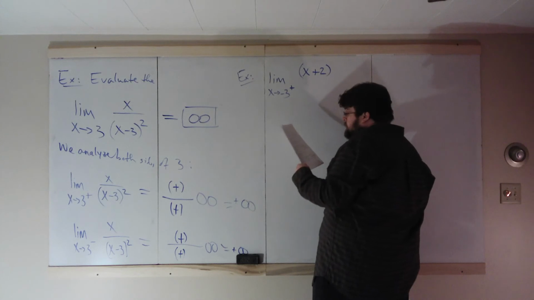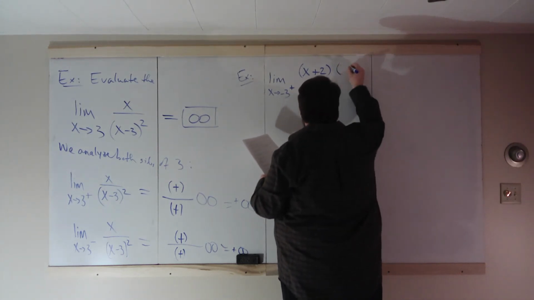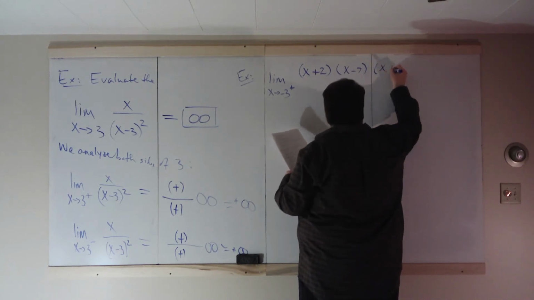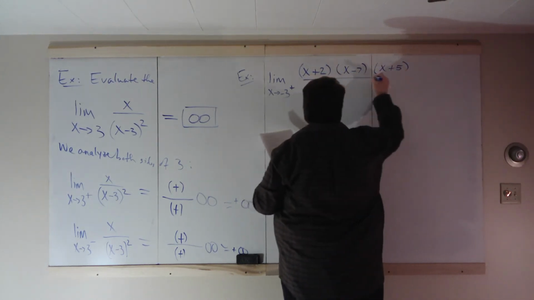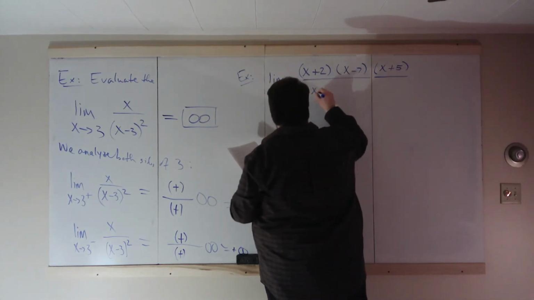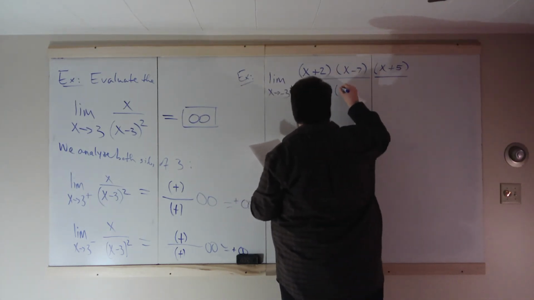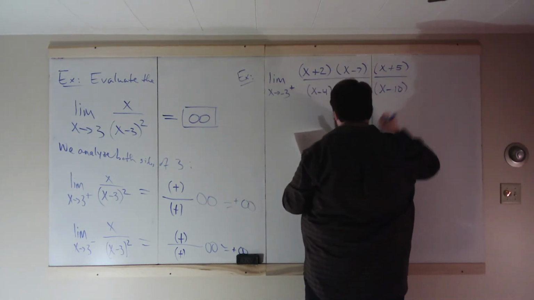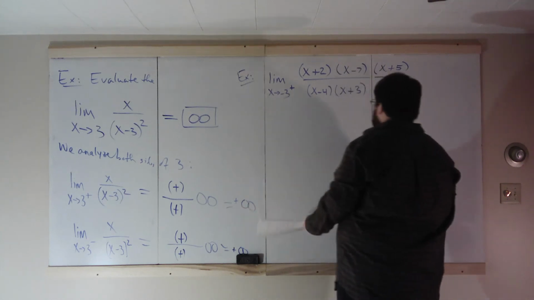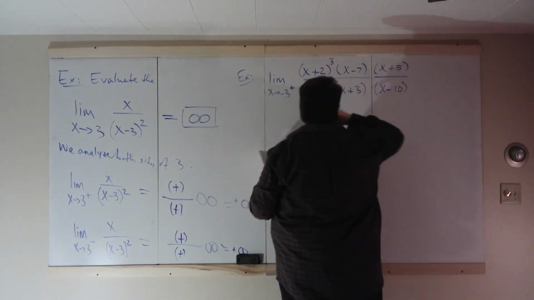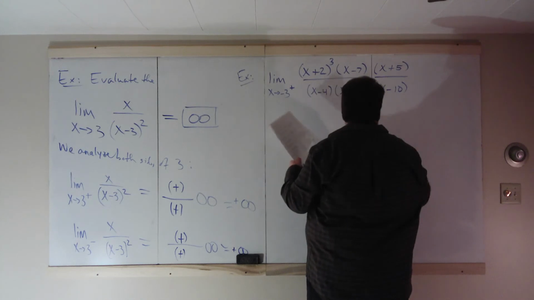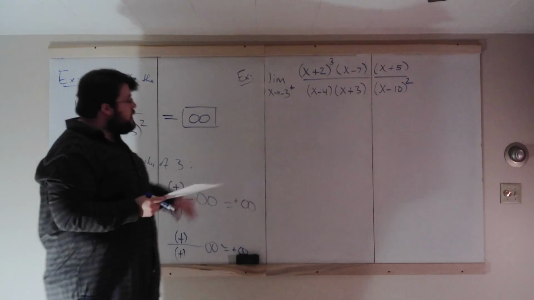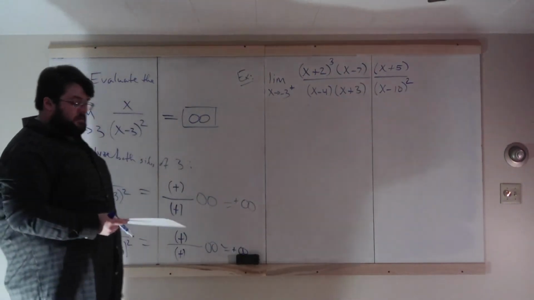Limit as x approaches negative 3 from the right of (x plus 2)(x minus 7)(x plus 5) all over (x minus 4)(x plus 3)(x minus 10). And let's throw some squares and cubes on these. Let's throw a cube up here. Where should I put some square? Let's put a square here. So we have a large fraction with lots of terms, and it's factored.